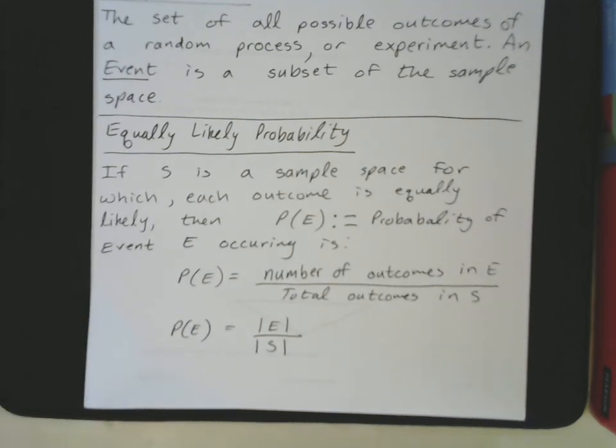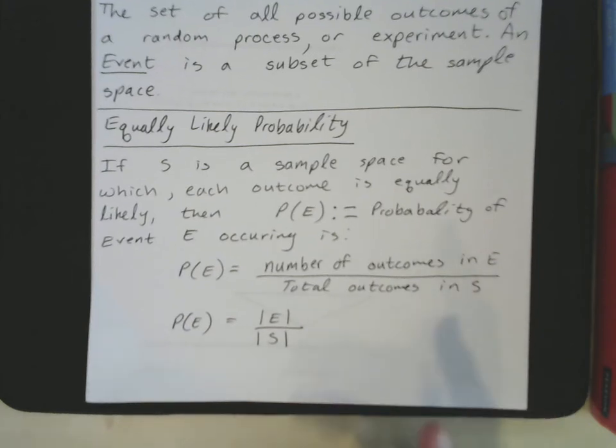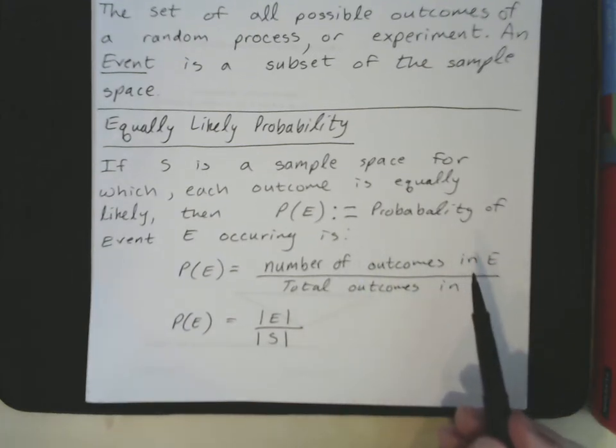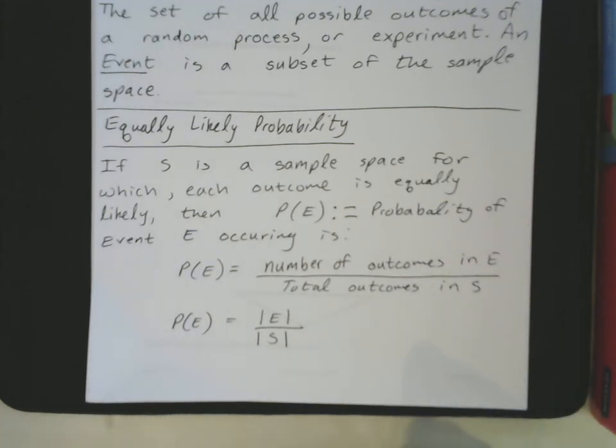So if we go back to that rolling a six-sided die example and the even event, the number of outcomes in you rolling an even, there's 3 possibilities out of 6. You have a 1 out of 2 chance. And we know that to be true.